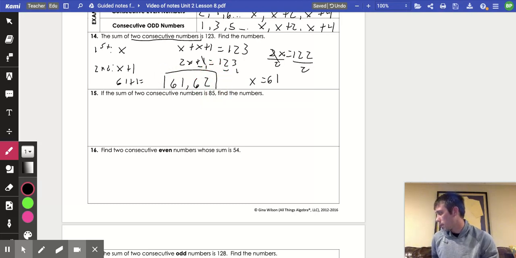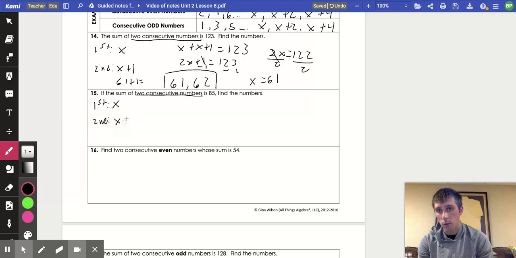All right, let's go to number 15. The sum of two consecutive numbers is 85. So two consecutive right next to each other. So the first we're going to represent with x. What about the second? Since they're consecutive right after each other, it's x plus 1. All right.